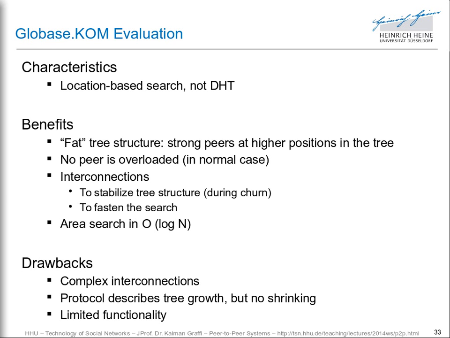For example, if we have churn, we might have to shrink a zone because some nodes left, and this simply does not exist. And the last one is the limited functionality, because we have only an area search.